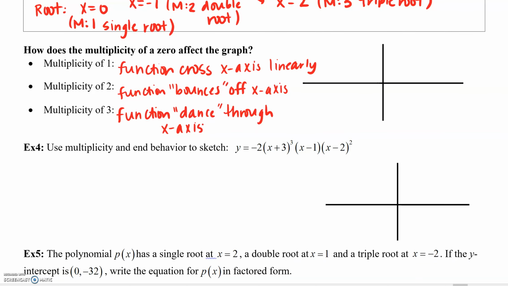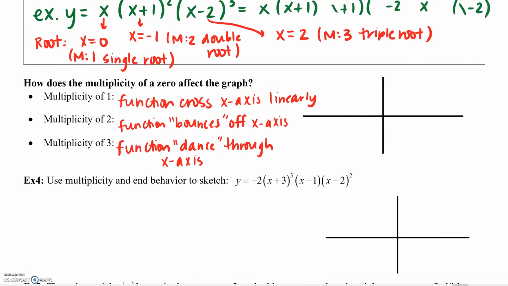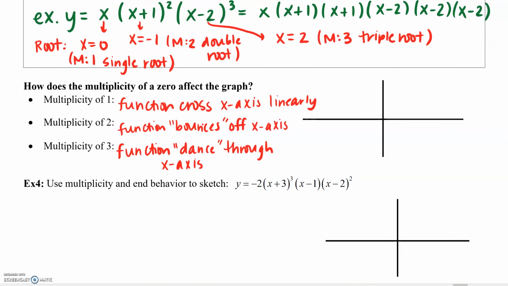So let's go ahead and try to graph the function that we had written out just a minute ago. I see that it has a root at 0, negative 1, and 2. So the first thing I'm going to do on my graph is to show myself where those different roots are. I'm not going to worry so much about how they cross through the graph. I'm just going to worry about showing that I have 3 x-intercepts. Now, in order to figure out what this graph really looks like, I need to go back and think about the end behavior.